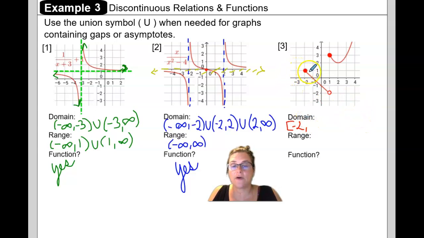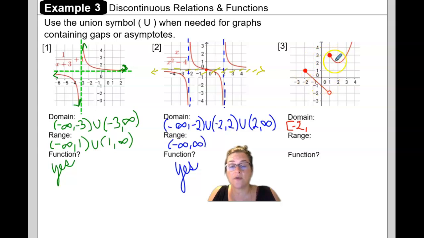And then as we go across, we want to record all of the x's that are possible. So the first place that we see an open circle that we want to consider is here at positive 1, negative 2. However, even though it's open here where x is 1, if I look up, I see that x is 1 at 1, 3 is closed.